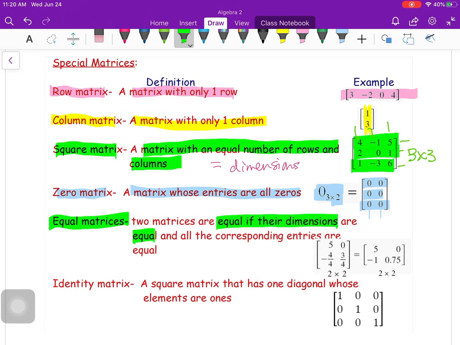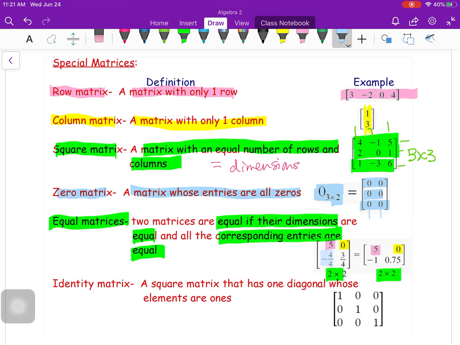If matrices are considered equal, that means first their dimensions are equal, and then every corresponding entry is equal. So for example, this is a 2 by 2, and it is equal to another 2 by 2. As you can see, the first entry is 5, and the first entry is 5. The next entry in row 1, column 2 is 0, and the same in row 1, column 2 of the second one.